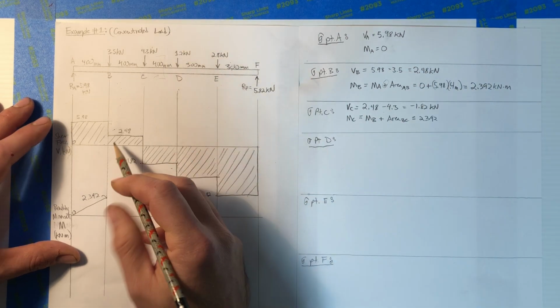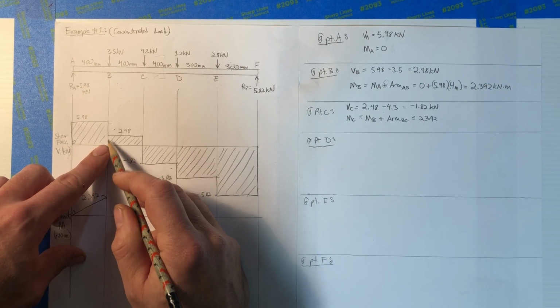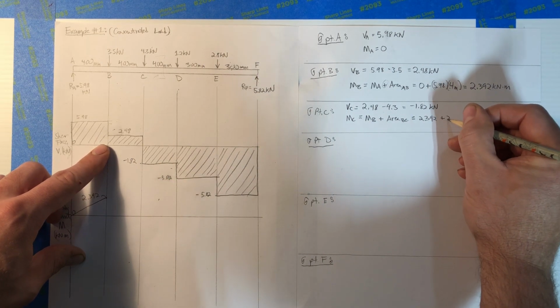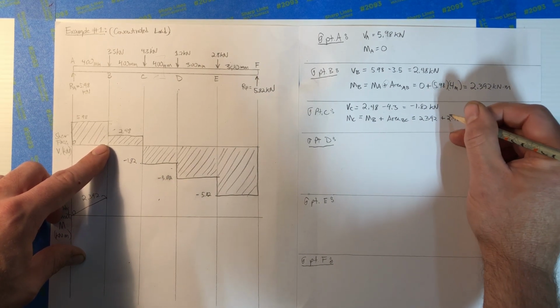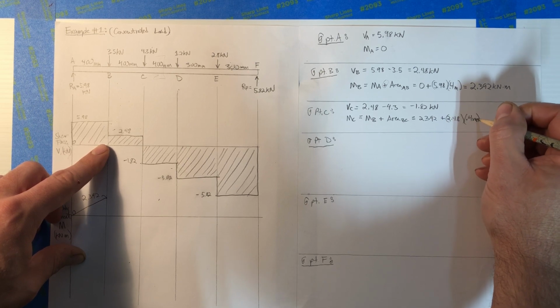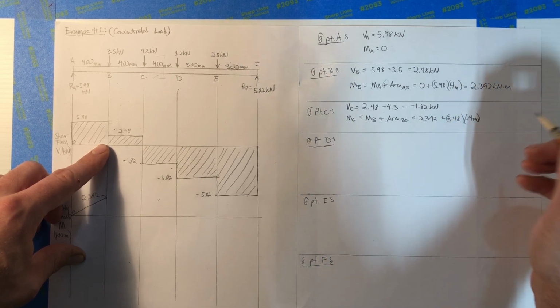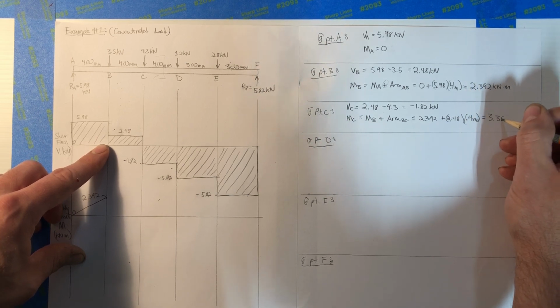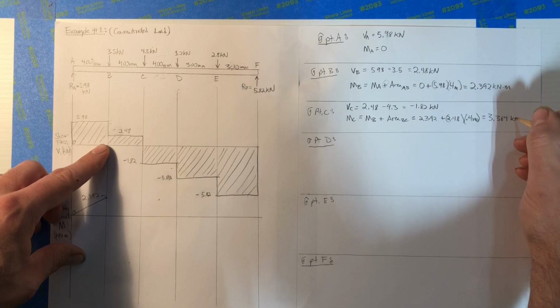And area BC is going to be equal to 2.48, right, times 400 millimeters, or 0.4 meters. Okay, and for that, we get a value of 3.384 kilonewton meters.